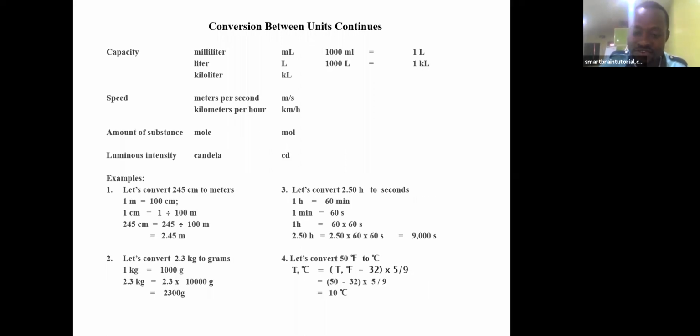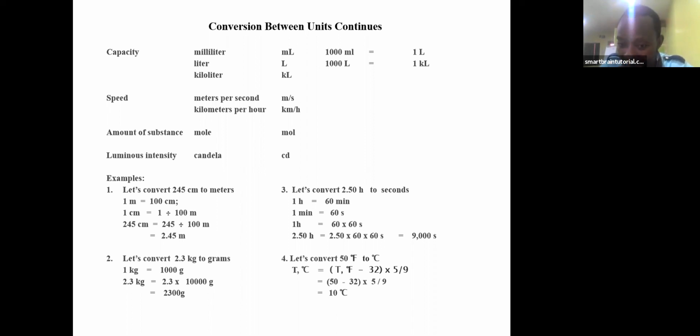Now, let's convert 50 degrees Fahrenheit to degrees Celsius. The formula is here. Temperature in degrees Celsius equals, open bracket, temperature in degrees Fahrenheit minus 32, times 5 over 9. Now, you will substitute the 50 degrees Fahrenheit where we wrote temperature in degrees Fahrenheit.